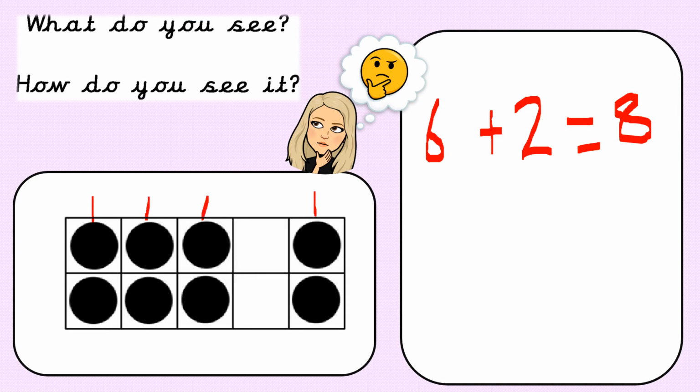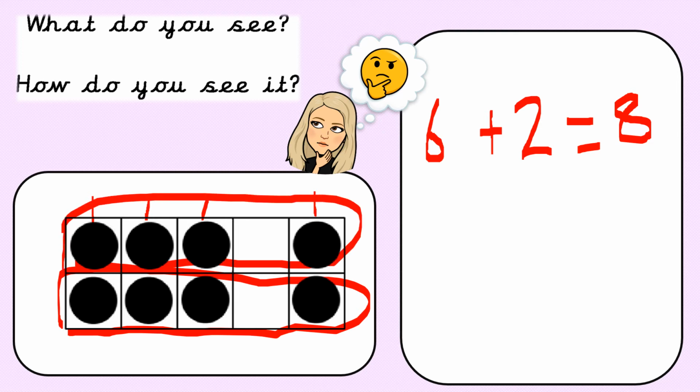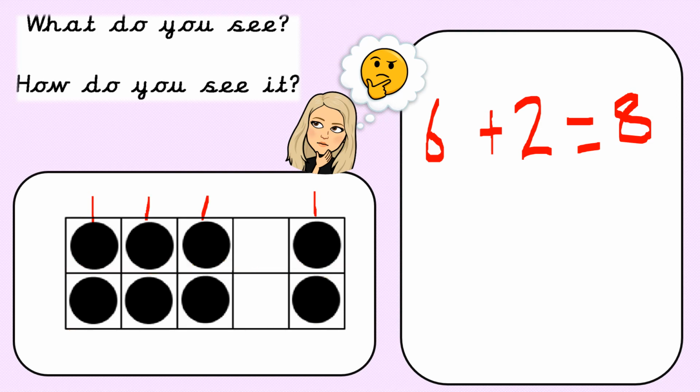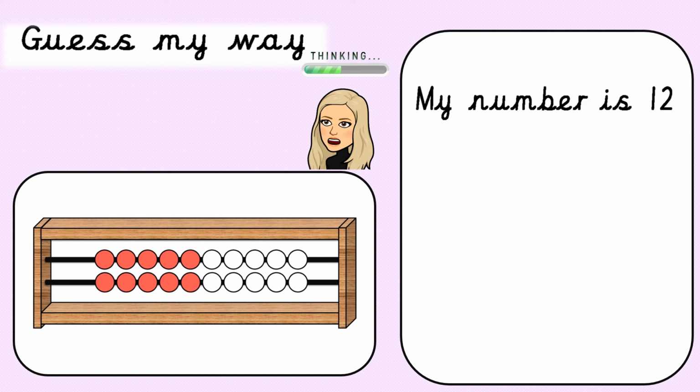Or you may have seen 4 down the bottom and 4 on the top and know that that was 8. So there are different ways that we can break numbers into parts, and there's different ways that we can see parts of numbers.